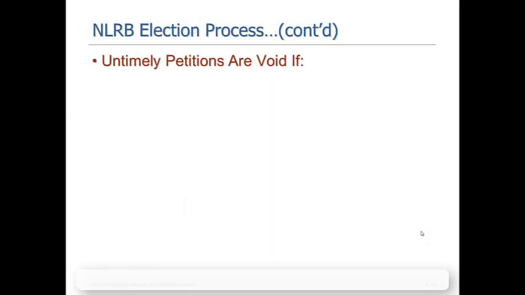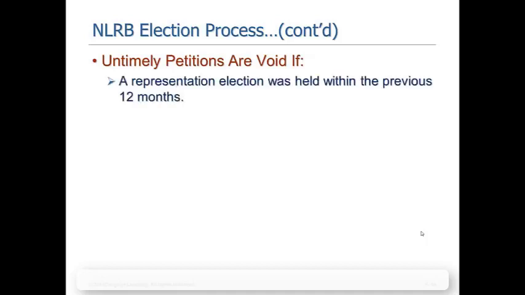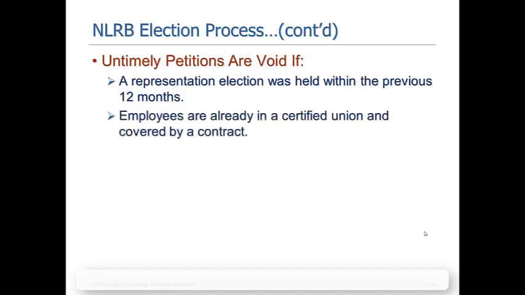Now, some petitions for secret ballot elections can be rejected if they are untimely. Okay, so if there was a previous election that was held within the previous 12 months, there cannot be another secret ballot election. And if the employees are already certified with a different unit and covered by a contract, again, there cannot be a new secret ballot election.